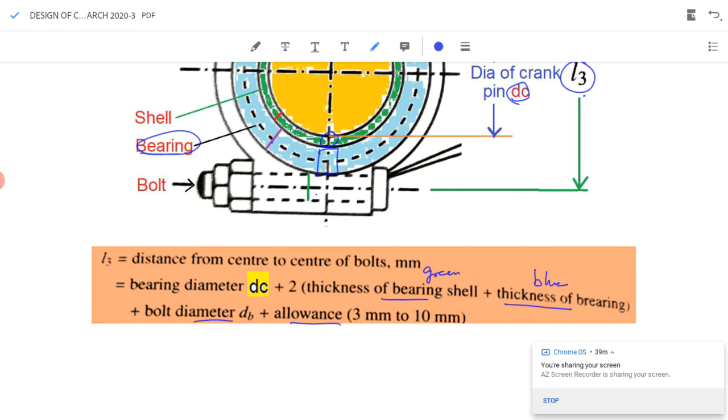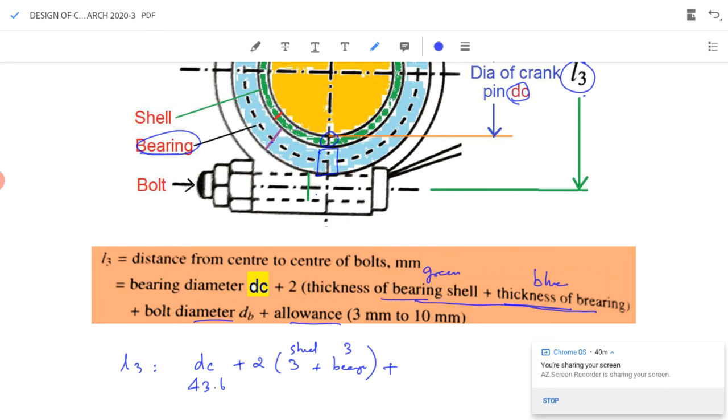So in this case, I will substitute L3 will be equal to Dc. That value was obtained, Dc was equal to 43.6 mm, plus 2 into thickness of the bearing shell plus thickness of the bearing. I will take both as 3 mm. So this is for the shell 3 mm plus for the bearing also 3 mm, plus bolt dia.